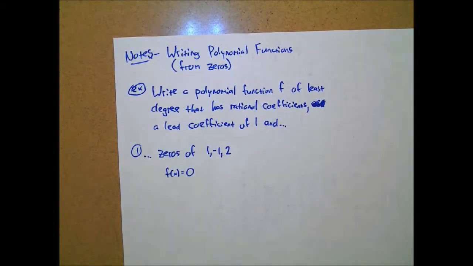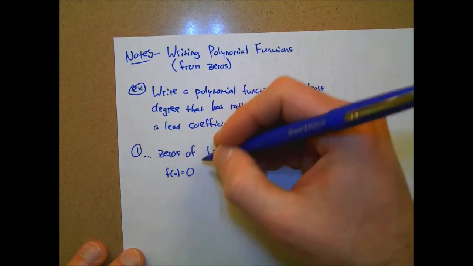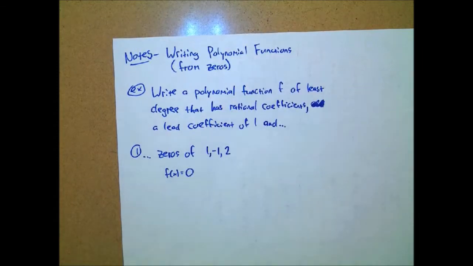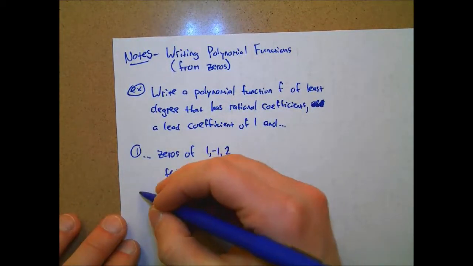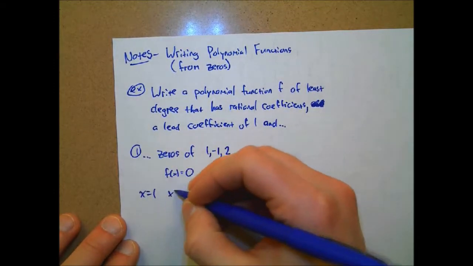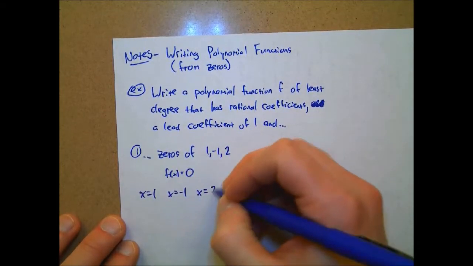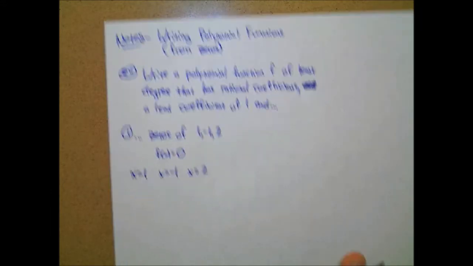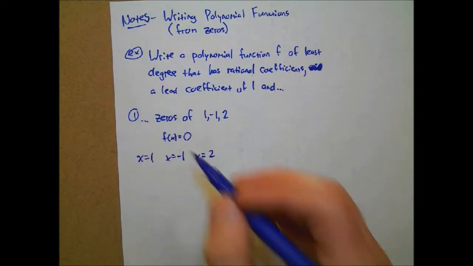If it's a zero, that means when you plug 1 in, or you plug -1 in, or when you plug 2 in, you get 0 as an answer. Those would be our answers when we have our function equal to 0.